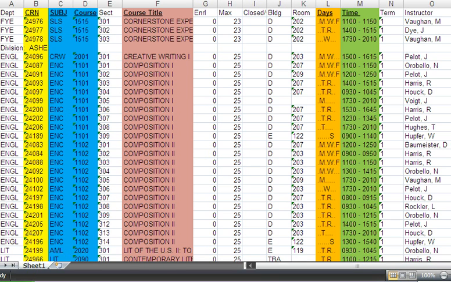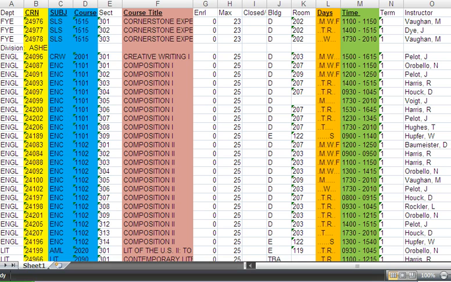The next field you'll be asked to complete is the course title field, and that's the actual name of the course. So for this example, you would write in that field on your registration form, Cornerstone Experience. Then the other two columns that I've highlighted are of obvious importance to you. It's the days and times of the classes.